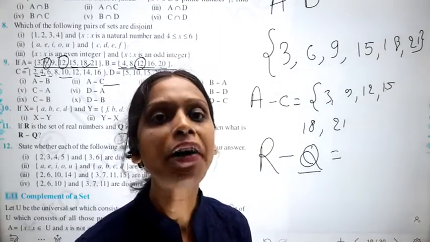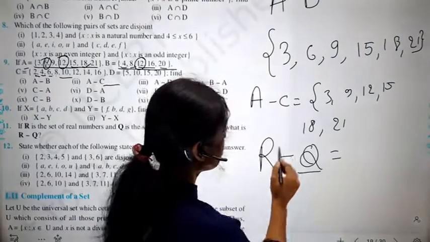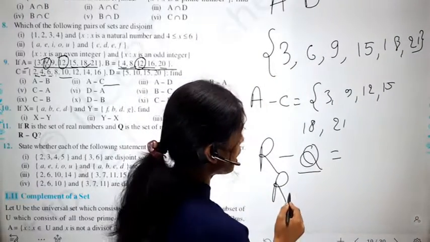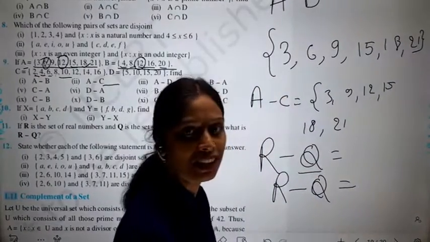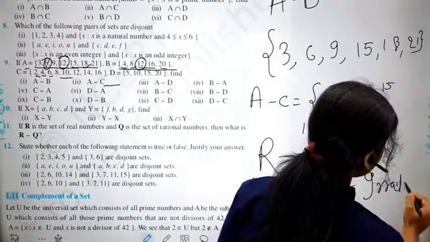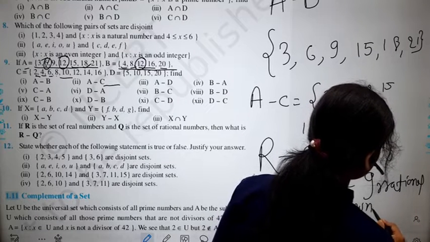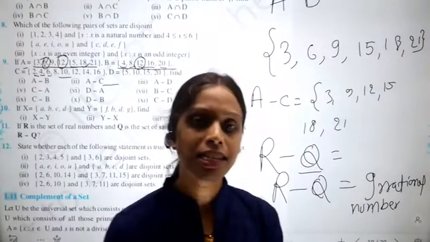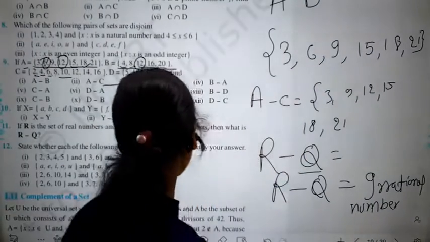Irrational is that which is not rational. That's why if we subtract Q, the rationals, from the reals, then what do we get? Irrational. Okay? Irrational. Because you have already studied it in a previous class about rational and irrational numbers.